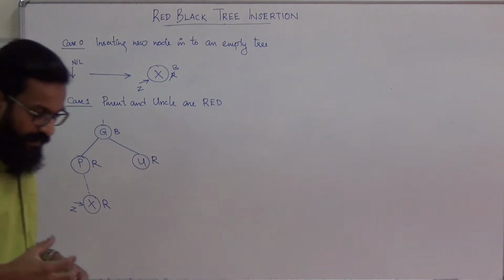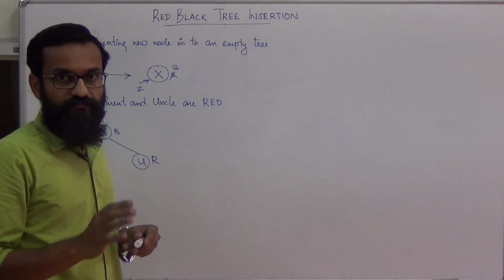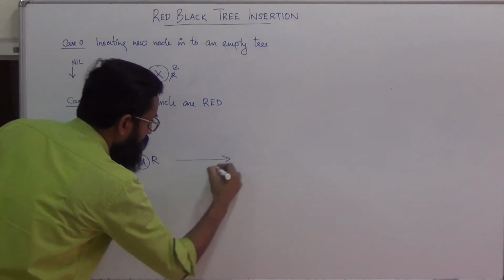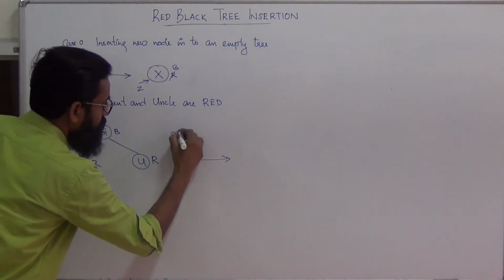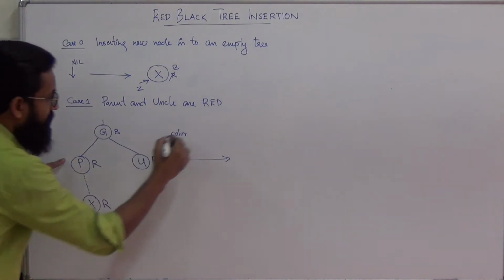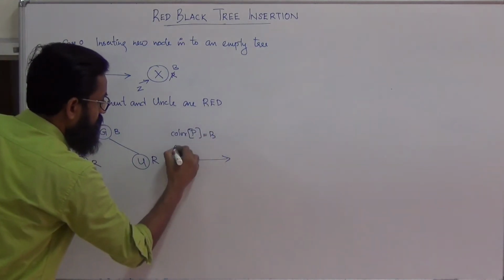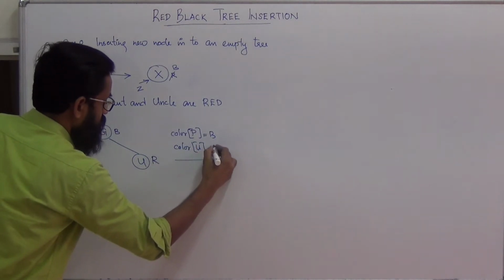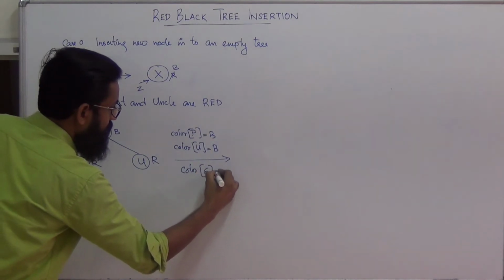And as you all know, new node is colored red. So if parent of new node is red, then that will violate coloring property and you have to perform some fix-up procedure. So in order to resolve this case, what you have to do is you have to change color of parent to black, color of uncle to black, and color of grandparent to red.